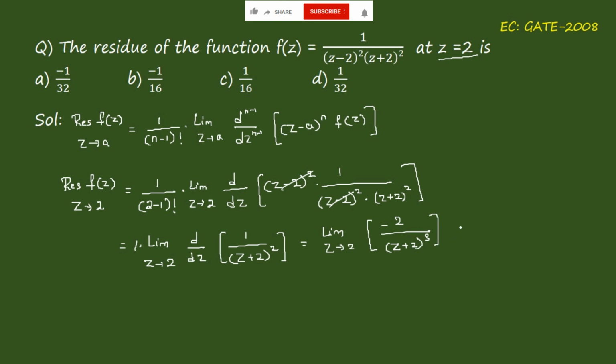So substitute 2 here, so it becomes minus 2 by (2 plus 2) whole cube, right? 2 plus 2 is nothing but 4, so it becomes minus 2 by 4 into 4 into 4, right? Now the 2 goes to the other side, 4 into 4 is 16, 16 into 2 is 32, which is equal to minus 1 by 32. So the answer is option A.